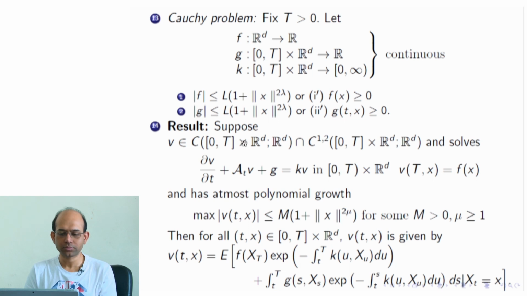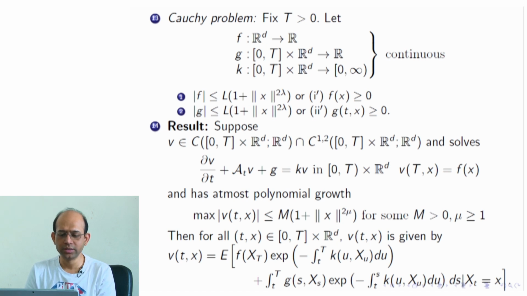Suppose v is a continuous function of time and space, real valued. Okay, there is a typo here. It should not be R^d, it should be R only, because v is a real valued function.